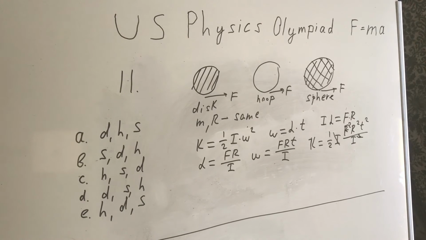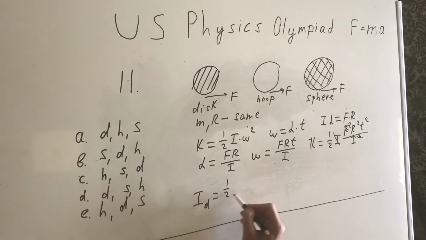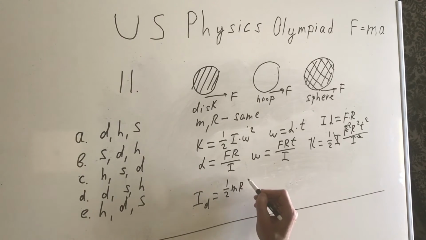We know that for the disk we have I disk equal 1/2 m r square.